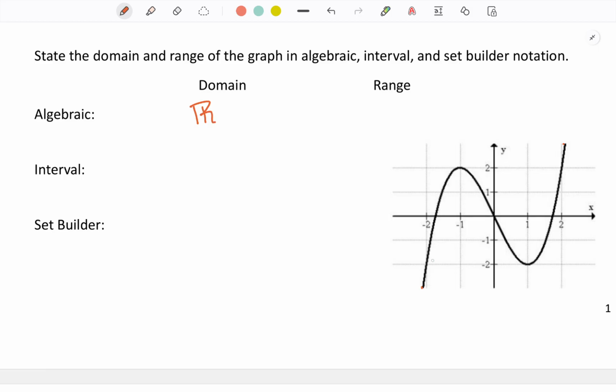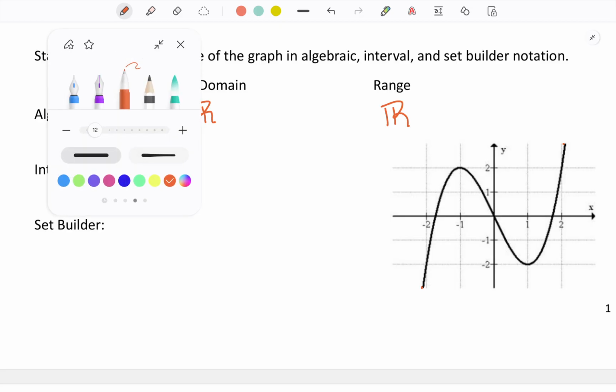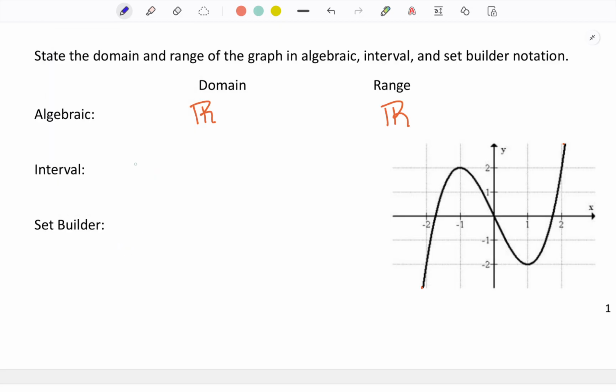And then for my range, that is also the case because we go down and up forever. As an interval, we are going to have parenthesis and then -infinity to +infinity because we can go down forever and up forever. That is also going to be true for the range.